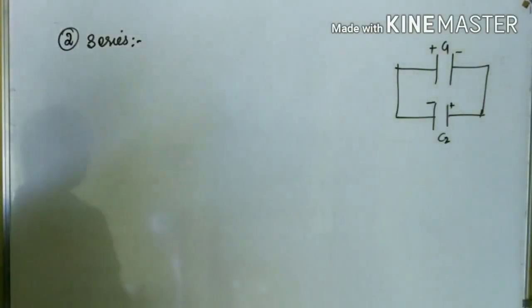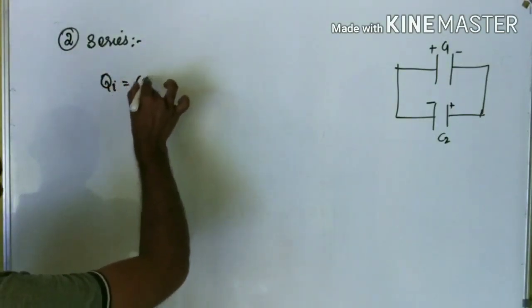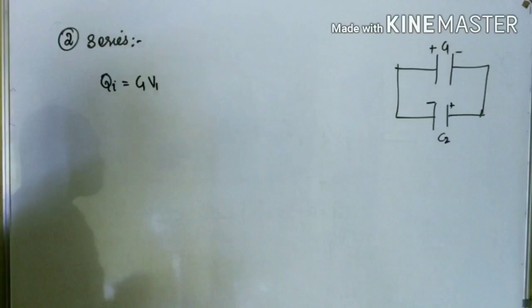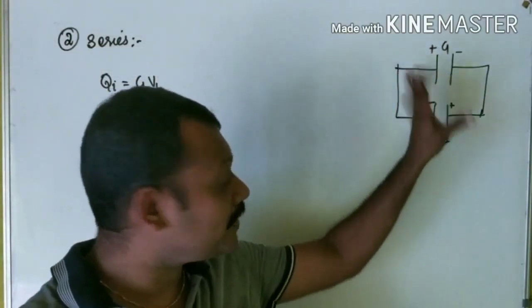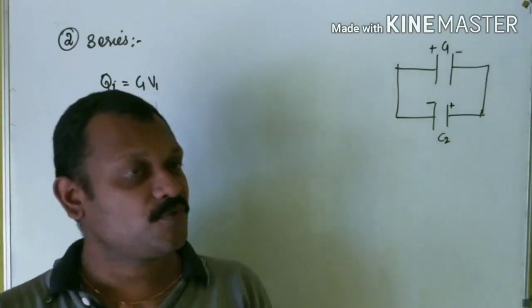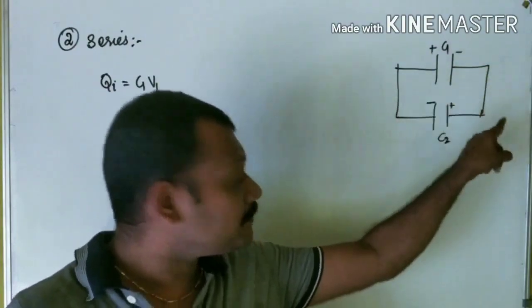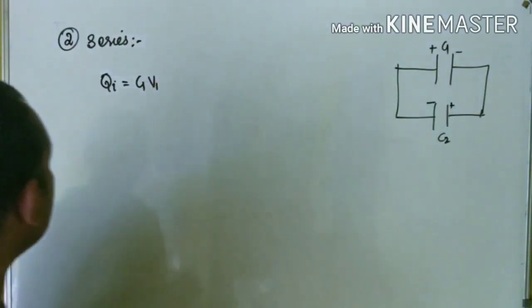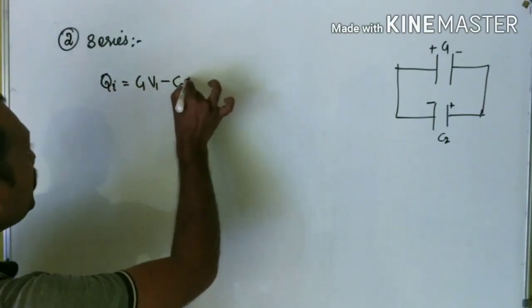In this case, the initial charge on the system is C1 V1. In the last case, when we arranged positive and positive plates, we took it as C1 V1 plus C2 V2. Now the polarities of the plates are interchanged, so this is C1 V1 minus C2 V2.